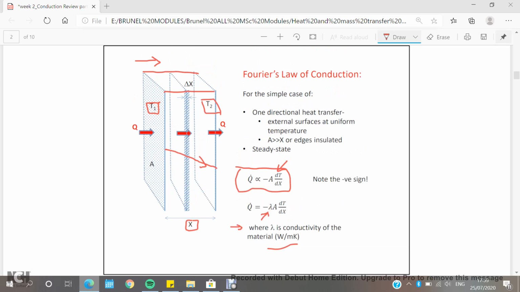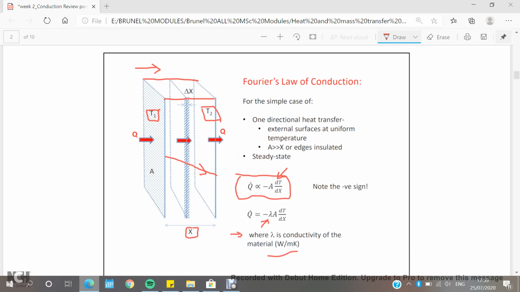This equation has the temperature gradient along the thickness of this material, but in real life we need an average, so we can calculate how much heat goes through this substance per second.